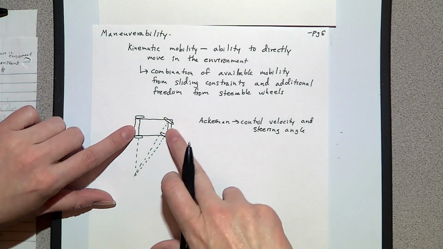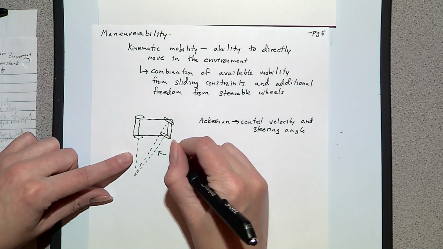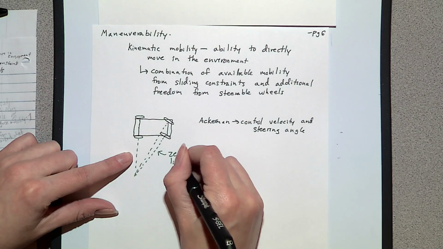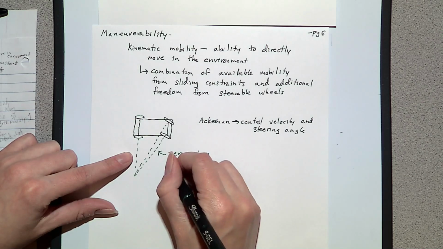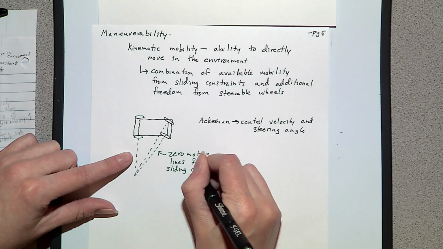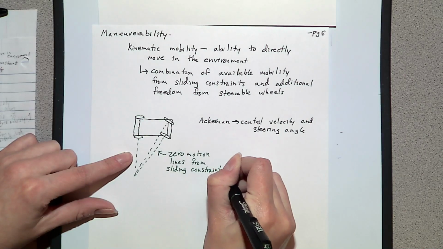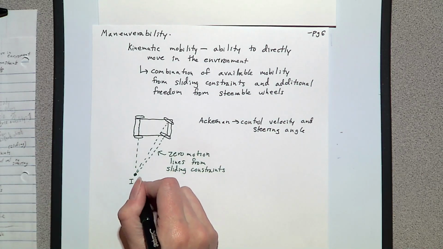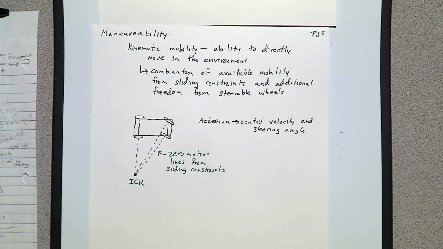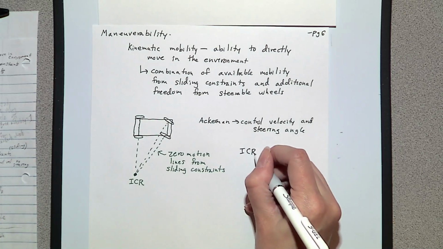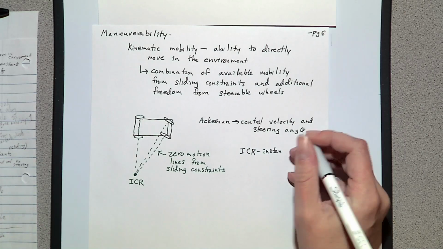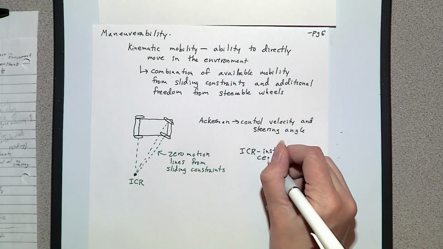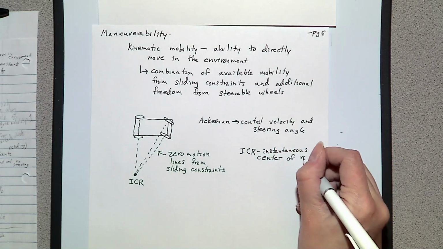And what we find when we trace these zero motion lines from our sliding constraints is that these meet at one point, which we call the ICR. So the ICR is our instantaneous center of rotation.